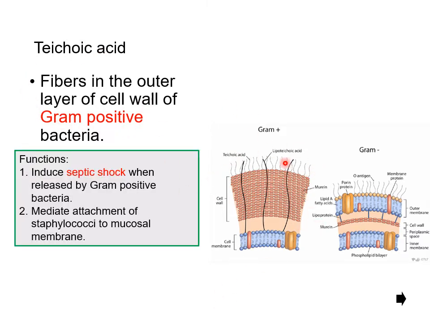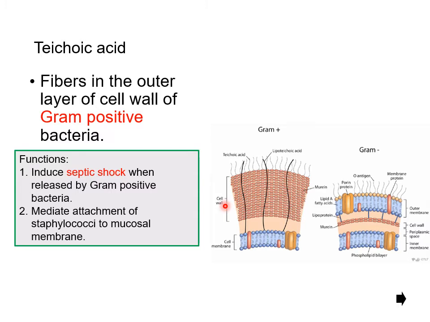Why is this important? As I said before, it produces a response. When this bacteria attacks the human body, it causes septic shock. Septic shock is what we call it when the blood pressure of the patient drops very dramatically, causing low blood pressure.